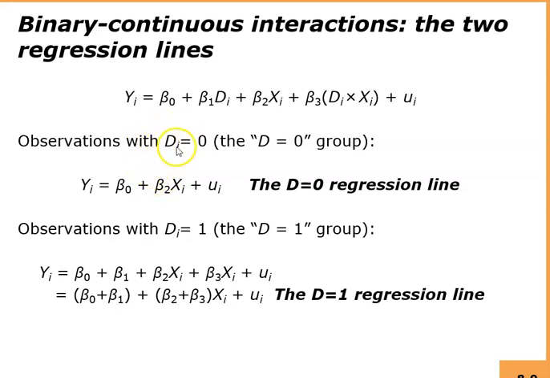When you are trying to find the equation for when D is equal to 0, just substitute the value of 0 in place of D in this regression equation, and what you end up with is beta naught plus beta 2 Xi, because both of the other terms will become 0 since D takes the value of 0. Similarly, if we plug in the value of D equals 1, we will find the equation for when D is equal to 1, and this is the equation that you will get.